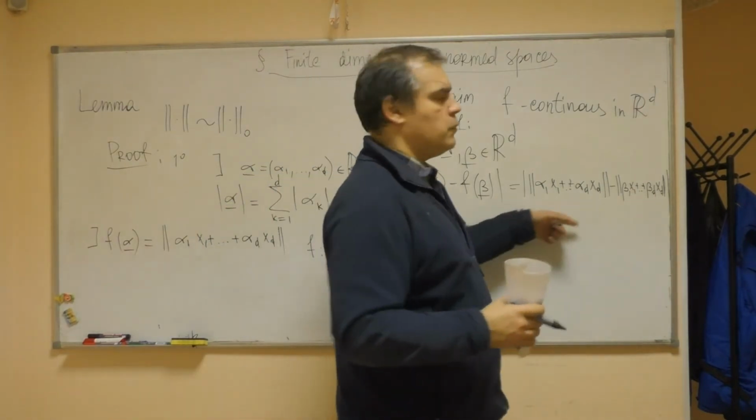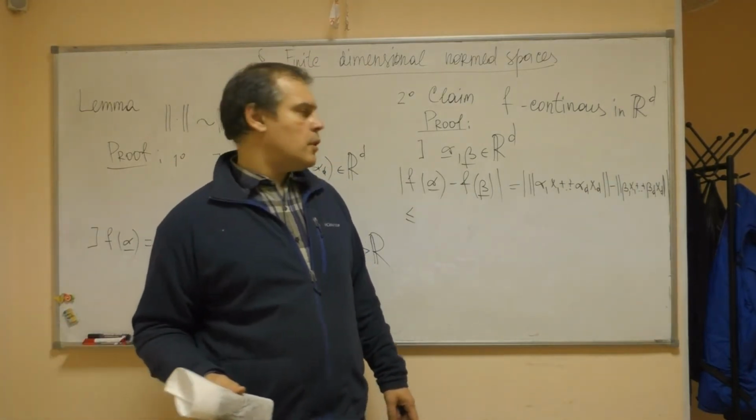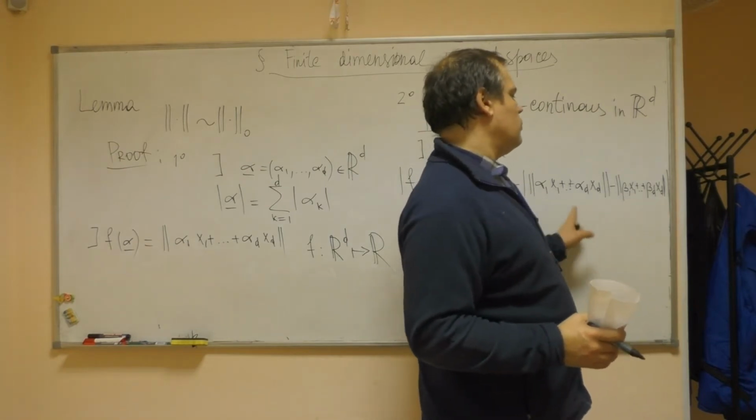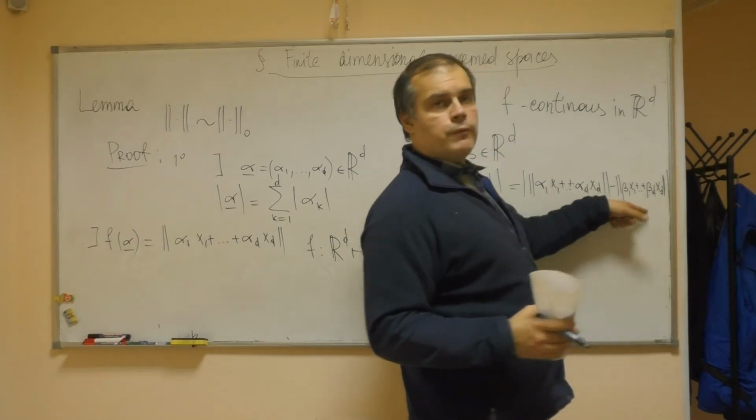For norms, we know the inverse triangle inequality, which says that the absolute value of the difference of norms is smaller or equal than the norm of the difference.